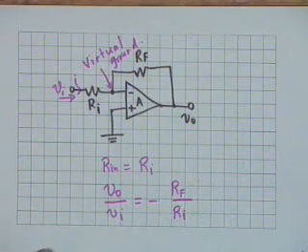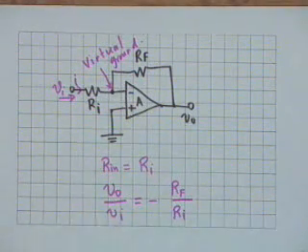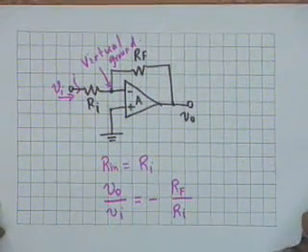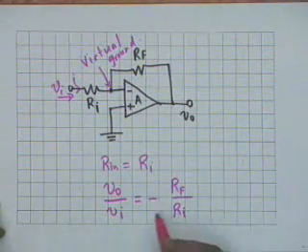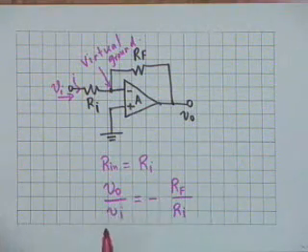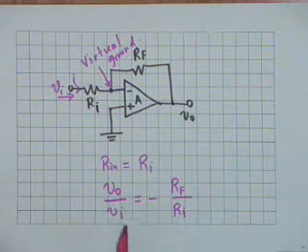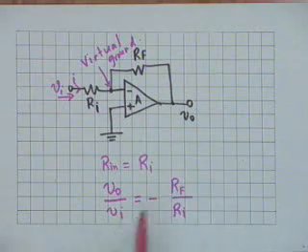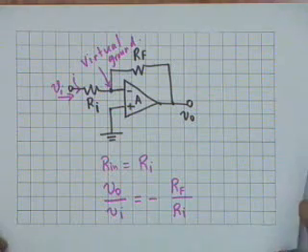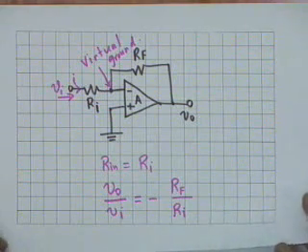Alright, it is simply determined by two resistances. This gain is obviously an inverting gain because the polarity is negative. That is, if Vi is plus 1 millivolt, then V0 would be minus 1 millivolt multiplied by the gain factor Rf by Ri. Alright?